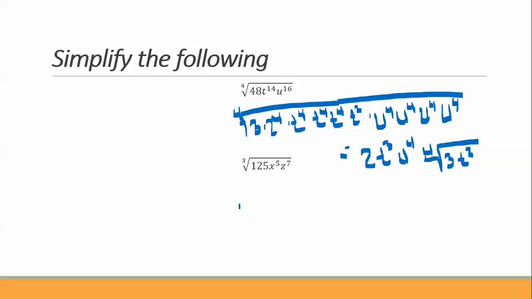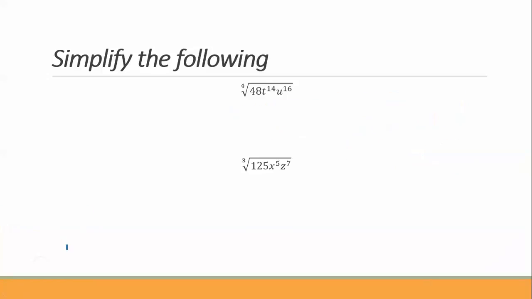I'm going to erase that and show you one other way to do these. And I'll do that same method for both of these. So recall that the 4th root of 48 t to the 14th u to the 16th can be written in exponent form.